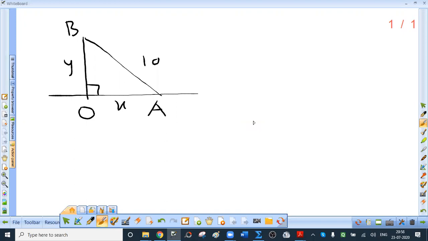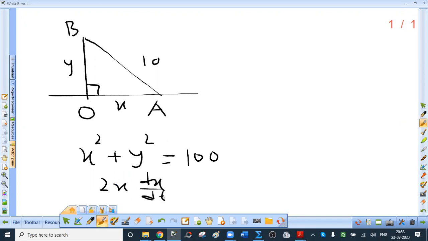In right triangle OAB, by Pythagoras theorem, x square plus y square equal to 100.